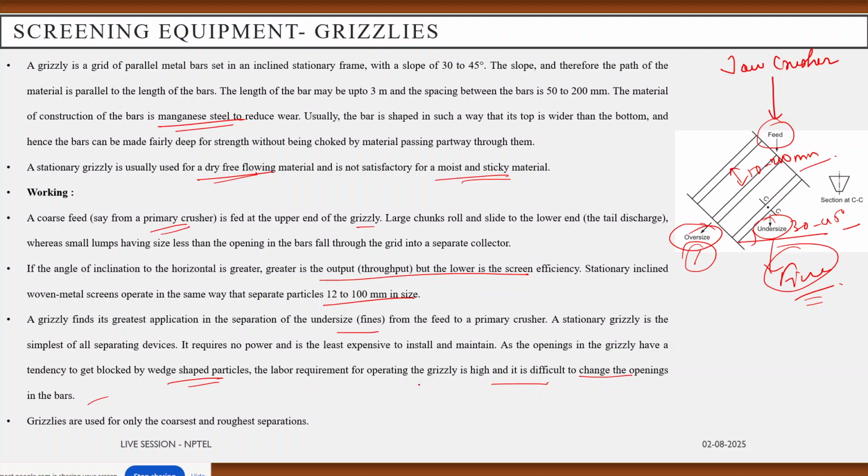So these are some disadvantages it has. Grizzlies are used not only for coarser separation but also for the roughest separation. Also, we can use grizzly screening.